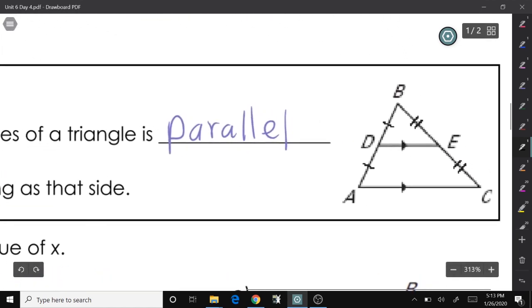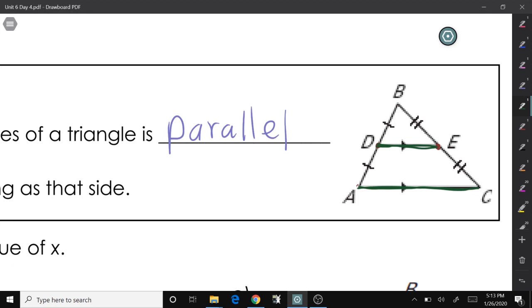Meaning, if D is the midpoint of AB and E is the midpoint of BC, that means line DE is parallel to AC, and that line DE is half the length of AC.